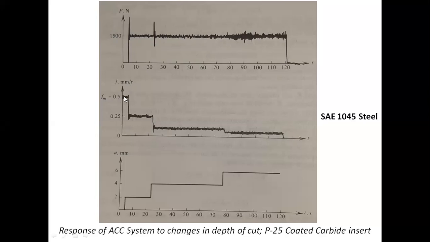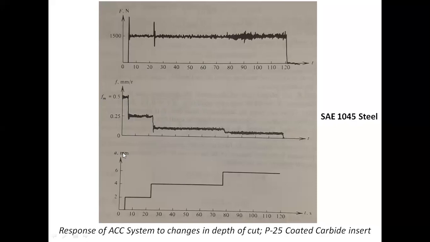Initially, the feed rate was more. When there is more load, you will decrease the feed rate, right? Because if you move with more feed rate, there is more load on the cutter. Common sense. So if it finds that the load is more, it will decrease the feed rate.